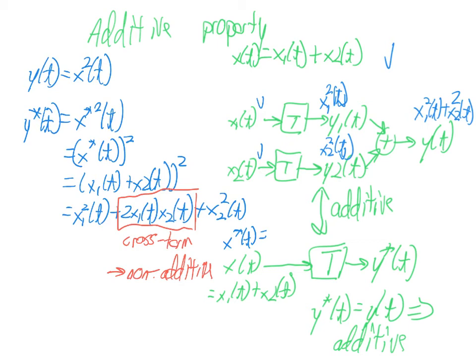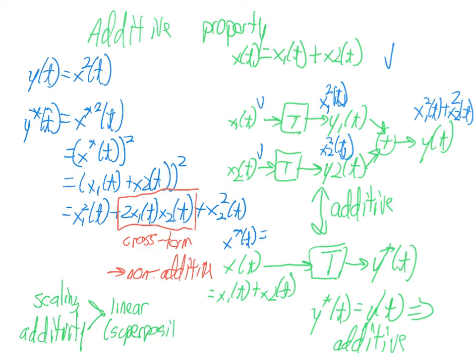As a quick review of where we're going regarding scaling and additivity: scaling is a property you can test for, as we did on the last slide. Additivity is another property, and if the system has both of these properties, then we say it is a linear system and it obeys superposition.